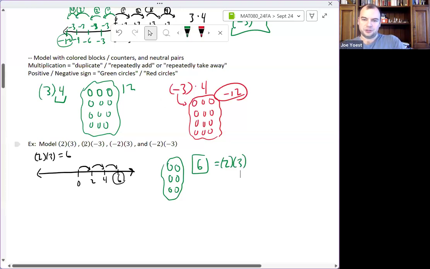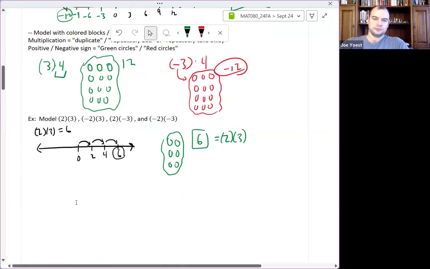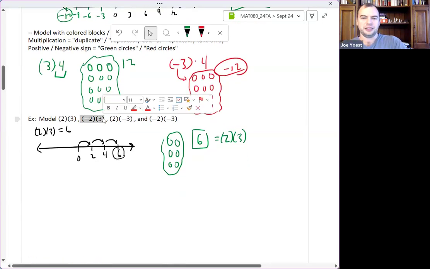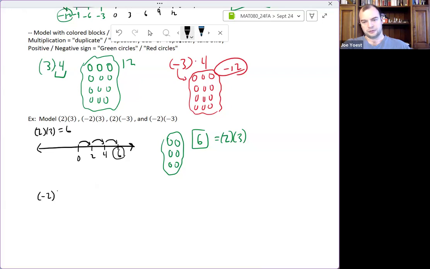Let me actually switch these two around. Had those in the wrong order. Okay, so negative 2 times 3. Let's look at that. So now I want to add negative 2 to itself 3 times.